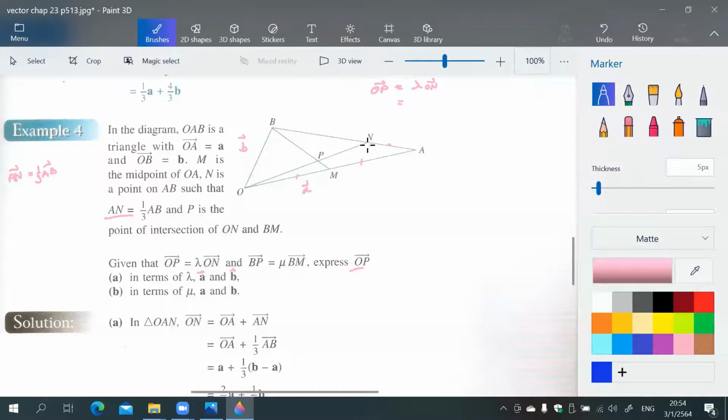So the length or vector of ON here. You can see either triangle ONA or AON or NOB, either triangle. But I think I may use the bottom one, maybe easier, or the top one.